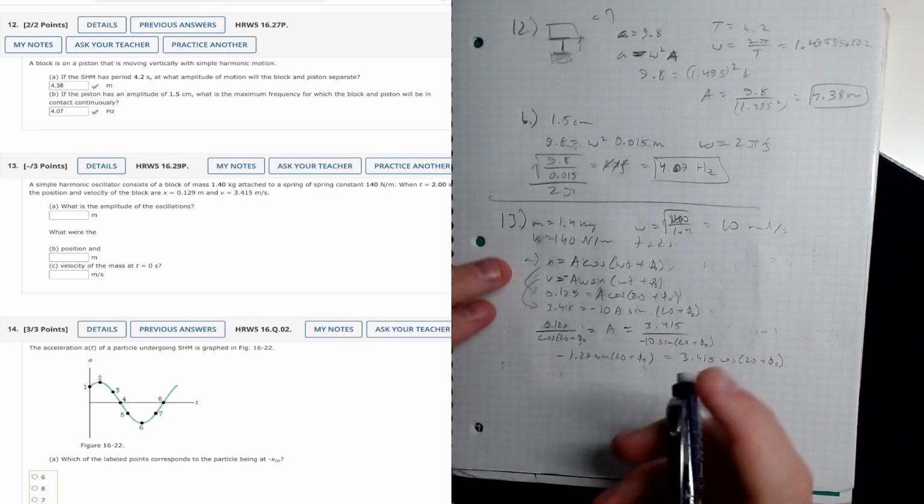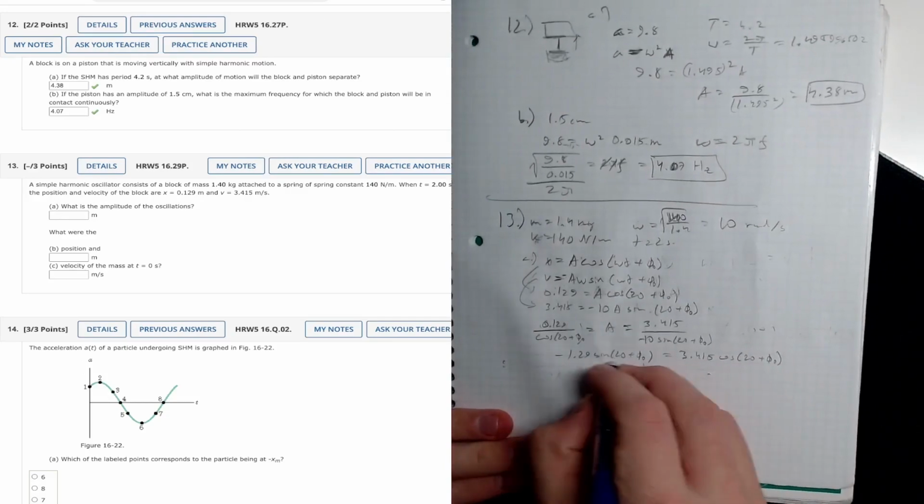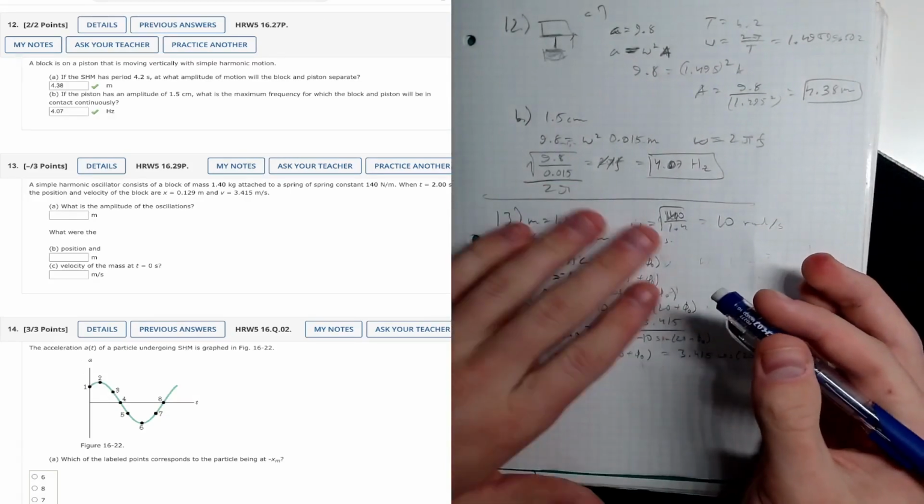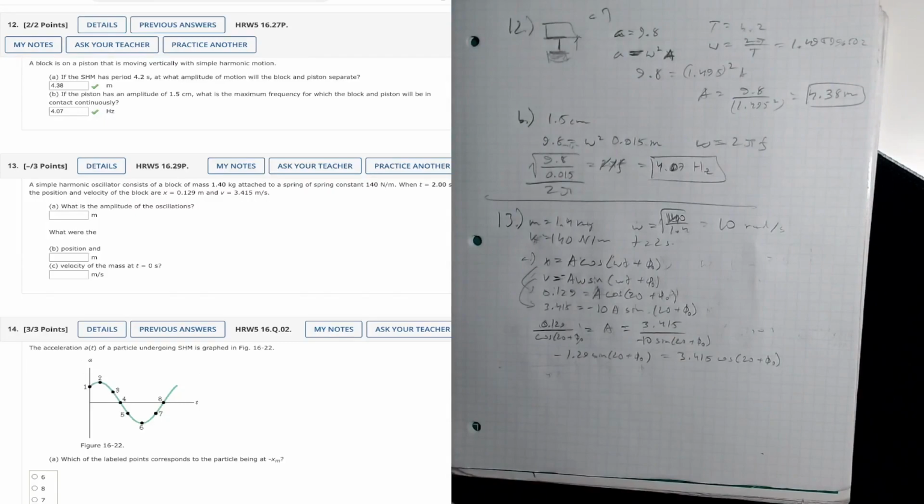Guys, again, I'm doing these problems for the first time, so if I am quite slow on these, I'm sorry. I'm kind of trying to learn these with you essentially.